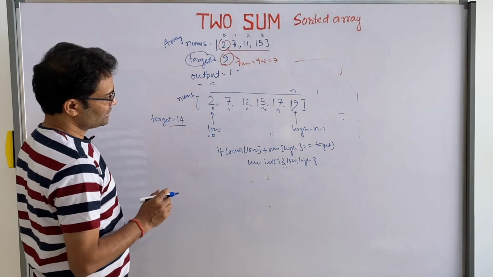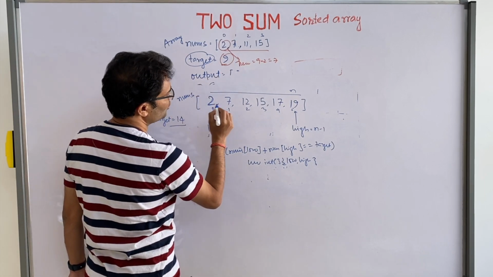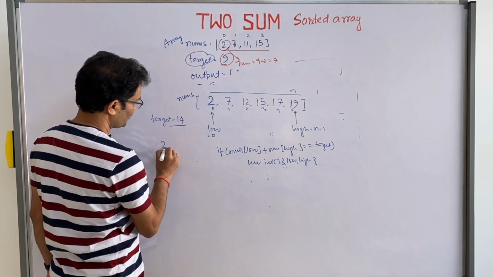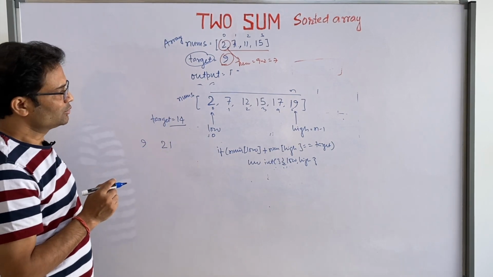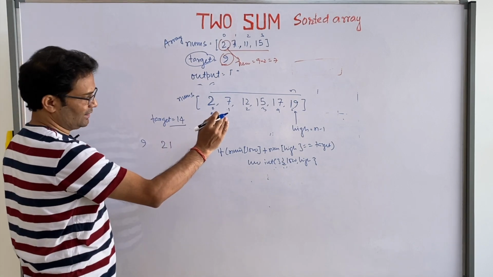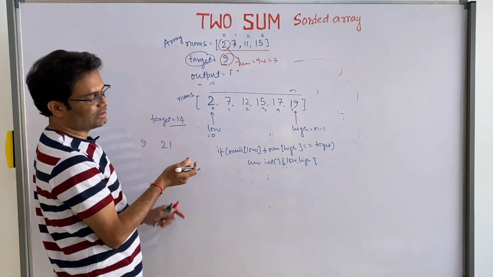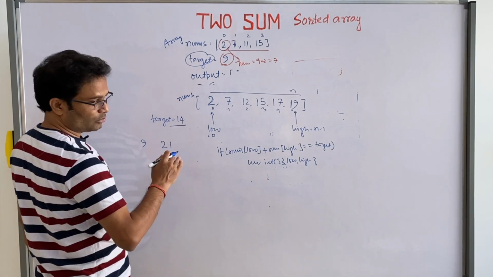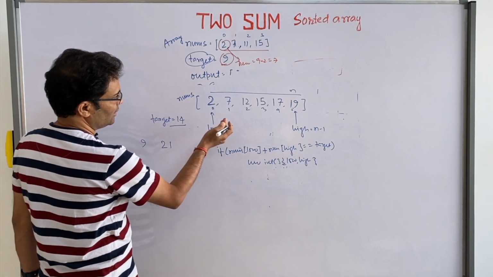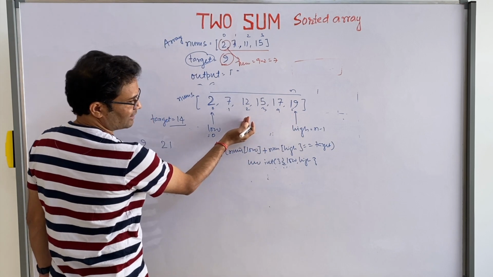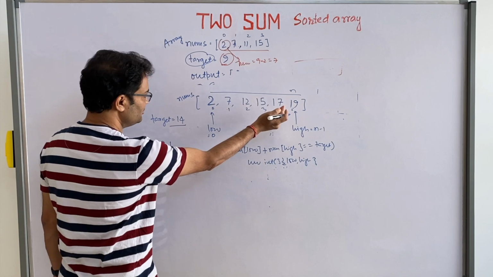But now suppose that is not the case. If you add 2 plus 19, it becomes 21. Your target is 9, but you are getting 21. Of course this is sorted, so you have to reduce the number. If you want to reduce the number, you have to come this side, because if you move from 2 to 7, your number will increase.